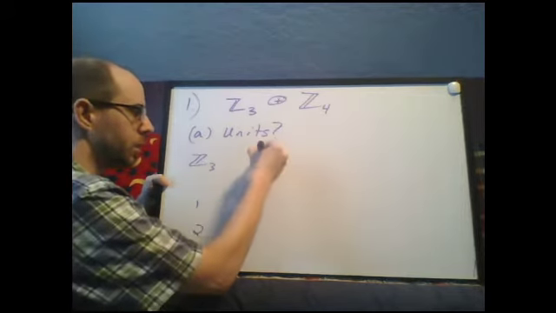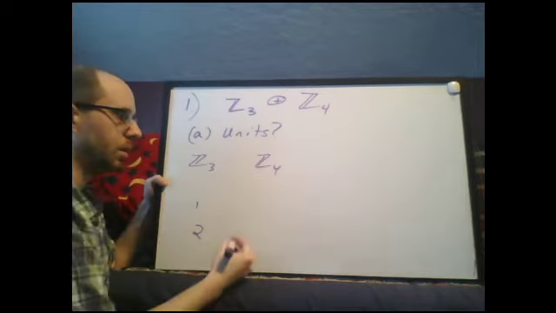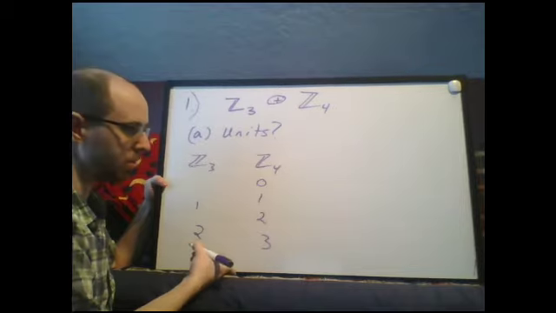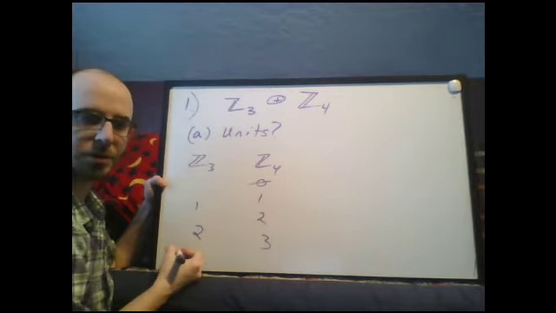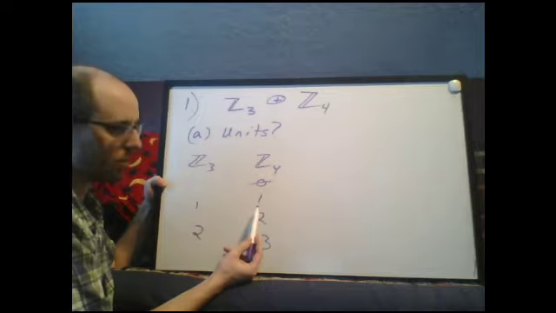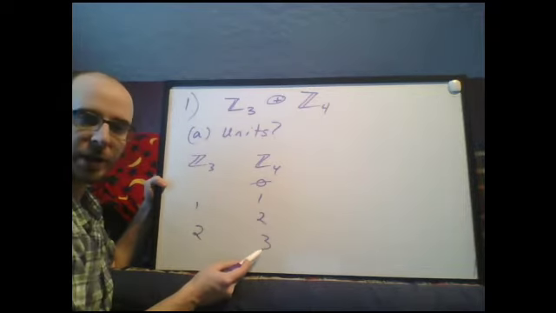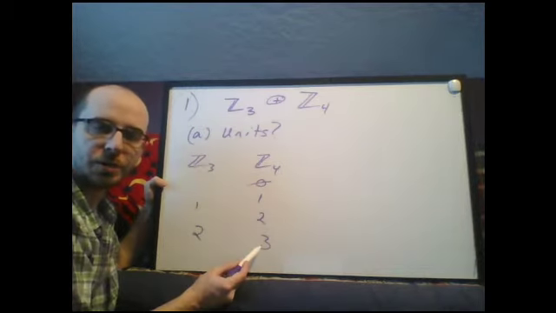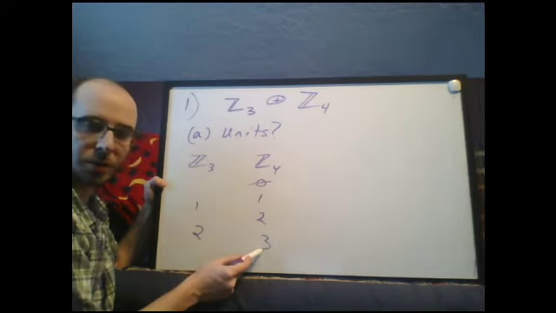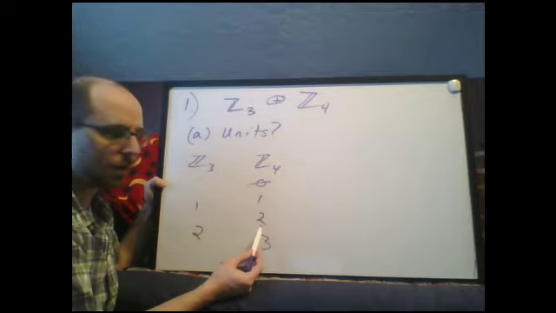In Z4, I have 0, 1, 2, and 3 as my potential elements. Again, 0 is not invertible, so we can throw that out. 1 is invertible. 1 times 1 is 1. 3 is invertible. 3 times 3 is 9, but mod 4, that's 1. So 1 and 3 are both invertible. 2 is not.